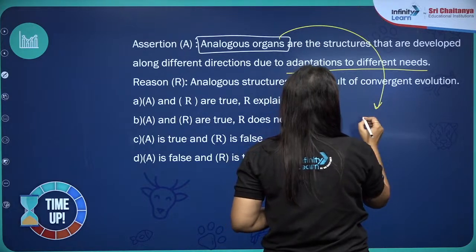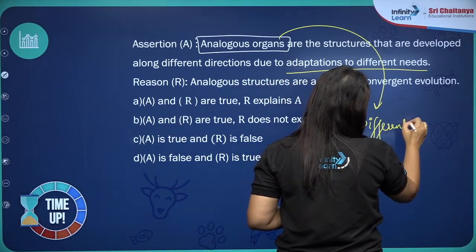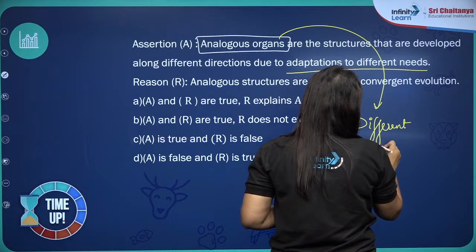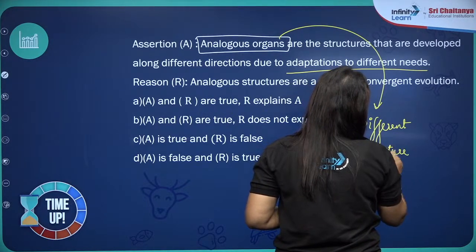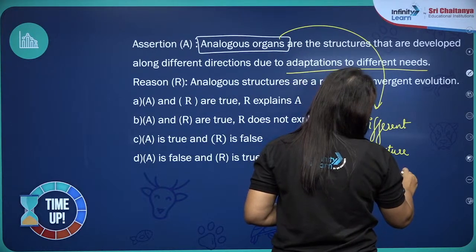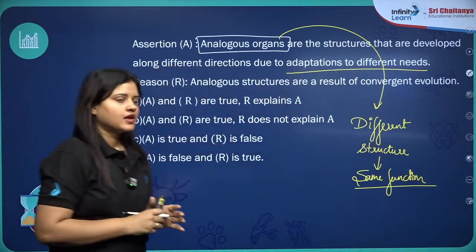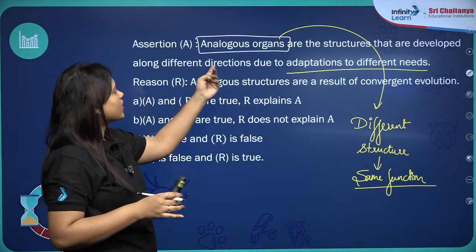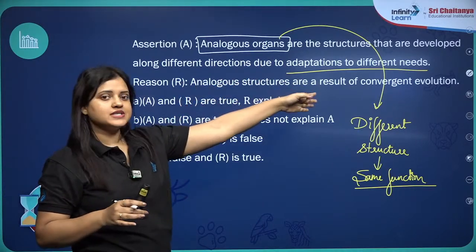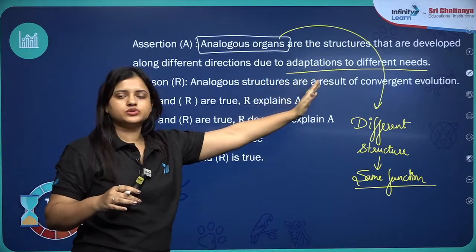Analogous organs are different structure but same function. Right? So analogous organs are the structures that are developed along different direction and adapted to the different needs.